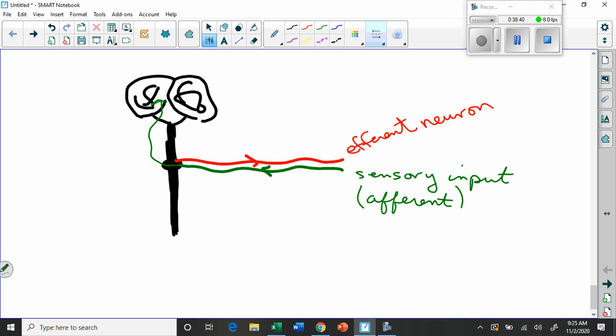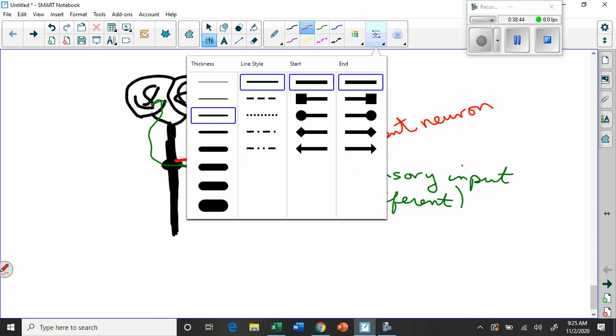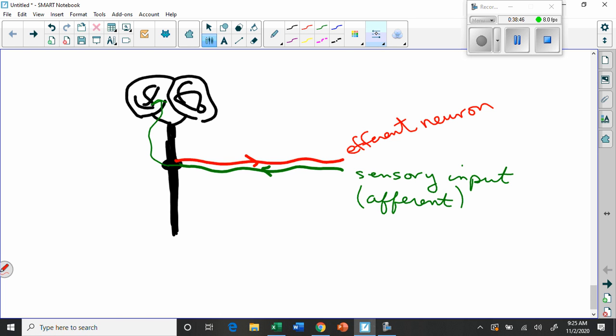It's weird. Once it gets to the brain, it gets integrated, which means you've decided, oh, something's touching my finger. And then you send the signal back down the efferent neuron. The efferent neuron might connect to muscles. Maybe it is a motor neuron that connects to muscles, right?